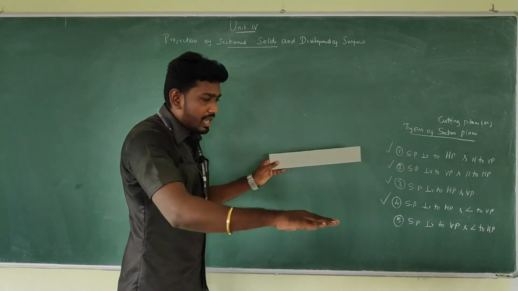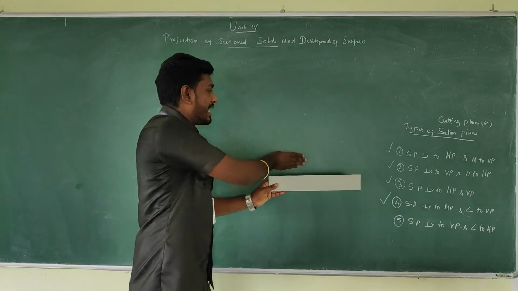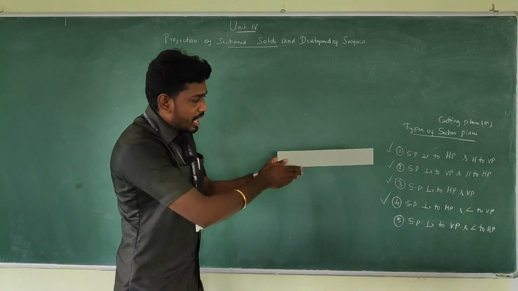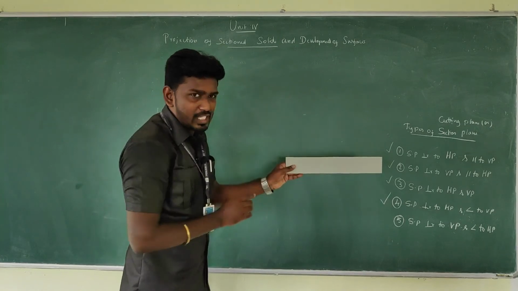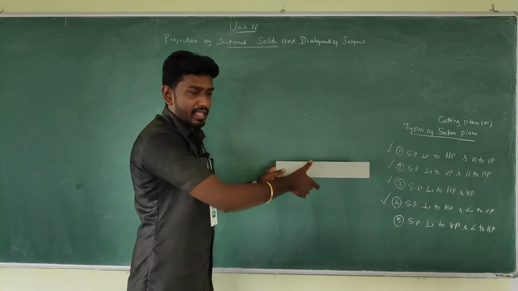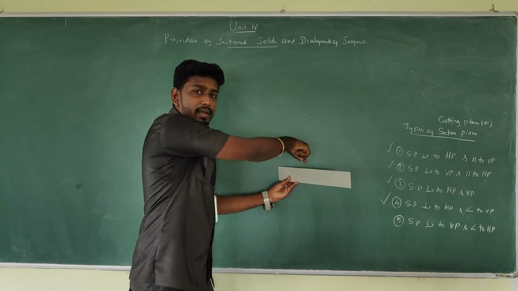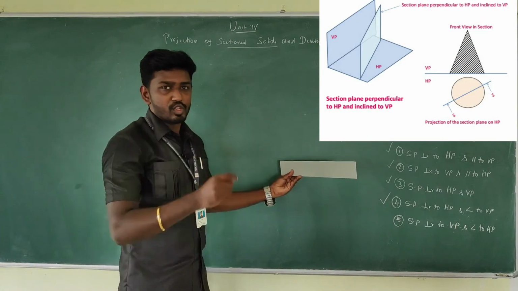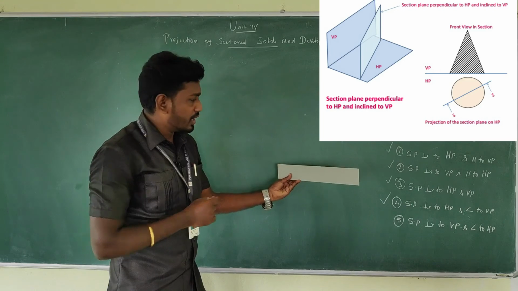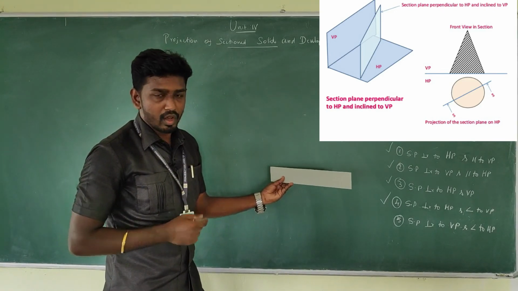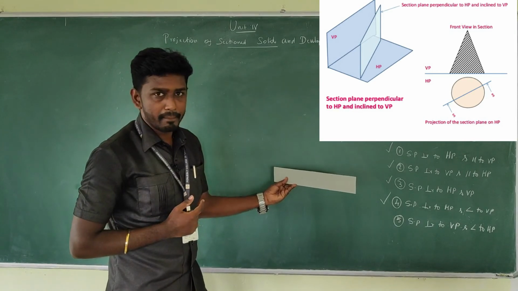If I consider the ground as a horizontal plane and this board as a vertical plane, this is the position I have kept. Now it is perpendicular to HP and parallel to VP. If I tilt like this, what happens? It becomes inclined to VP. So this is the position for the fourth type of cutting plane, right?